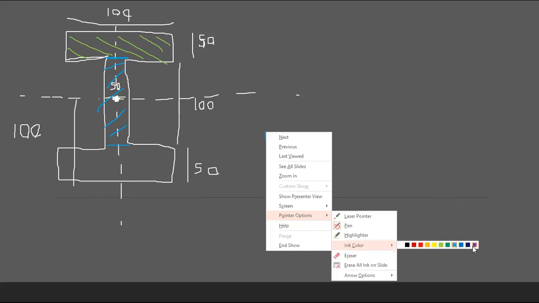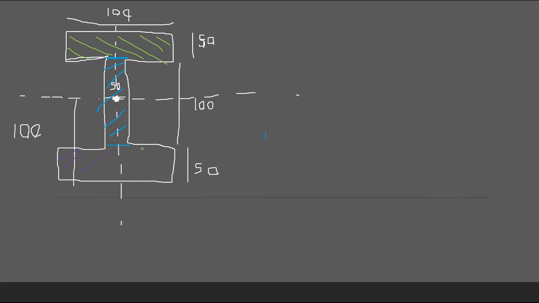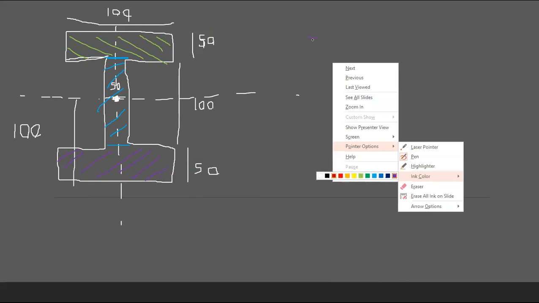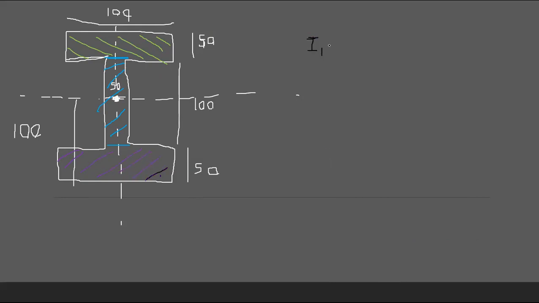And these three. So let's call this I1. The centroid of this part is not going through the IX, so you have to use the parallel axis theorem: I about centroid plus A into y bar squared.